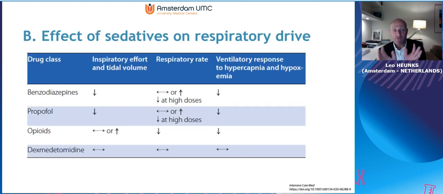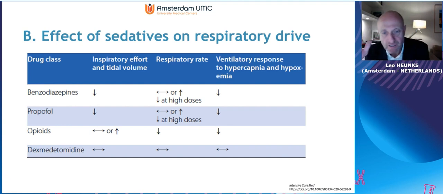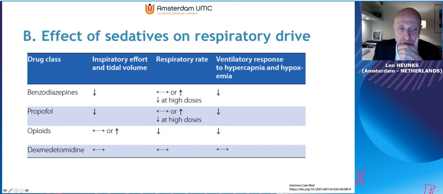We can modulate drive with sedatives, but it's important to realize that different types of sedatives have different effects on respiratory drive. In general, benzodiazepines and propofol decrease the amplitude of effort. In general, they do not have much effect initially or increase respiratory rate, and only at very high dose decrease respiratory rate.